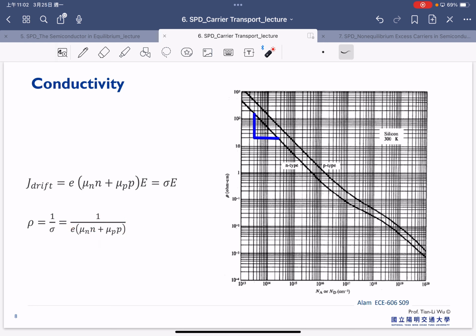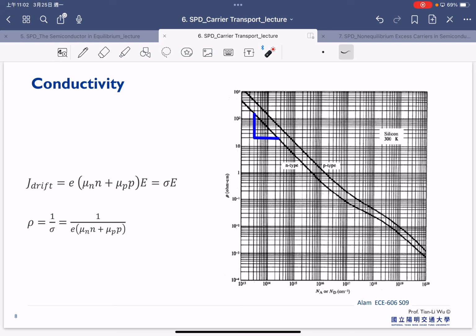And we can also link this knowledge to our device, to understand why we have to design our device with N plus, with a high concentration in the source drain region.